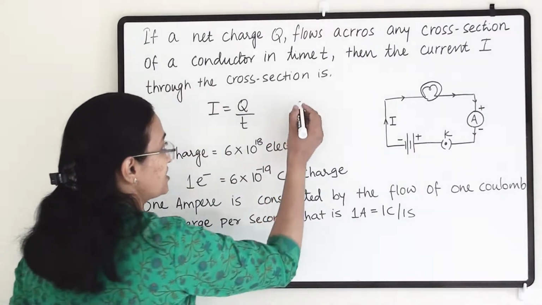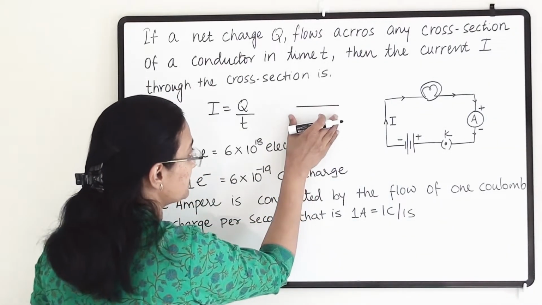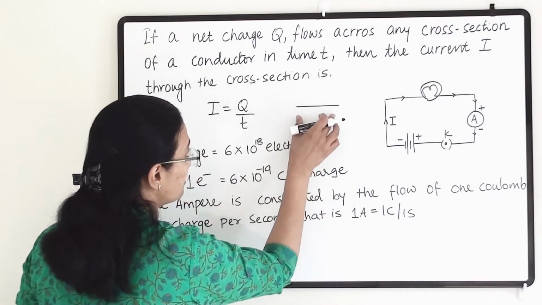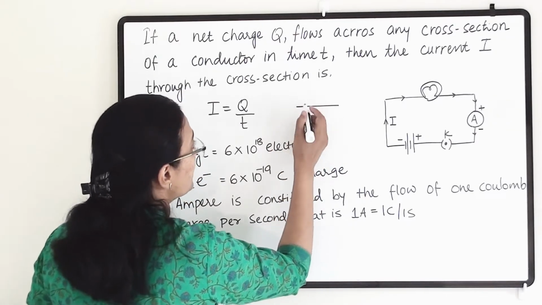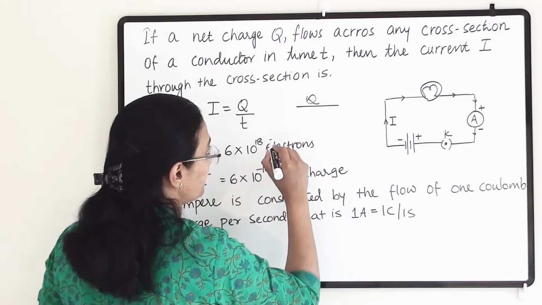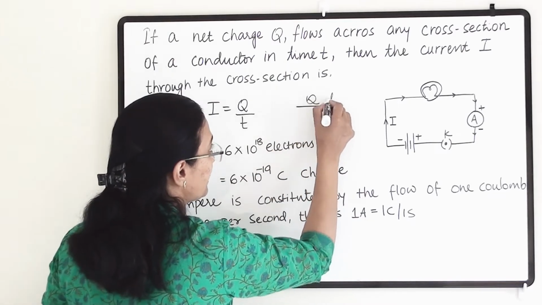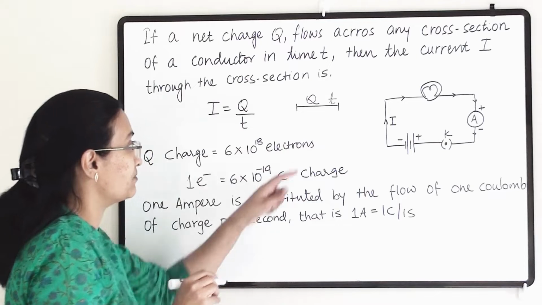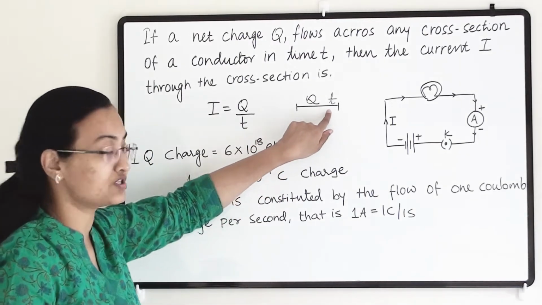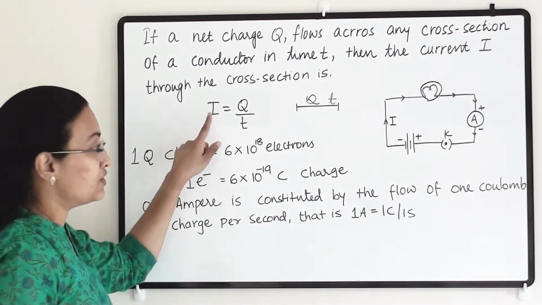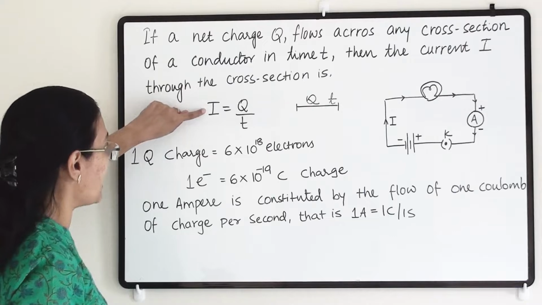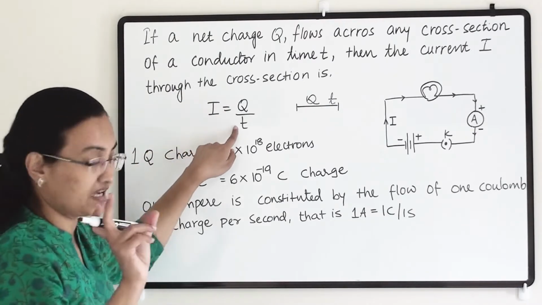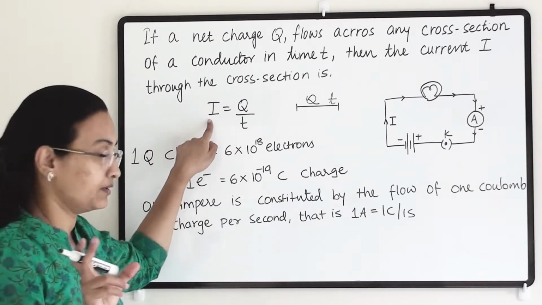Any cross section means we are taking a piece of conductor that is this much, and through this cross section the charge Q is passing, and it is taking time t to pass from this end to this end. At that time, the current passing through this cross section will be I. So we get I equals Q by t, where Q is the charge, t is the time, and I is the current.